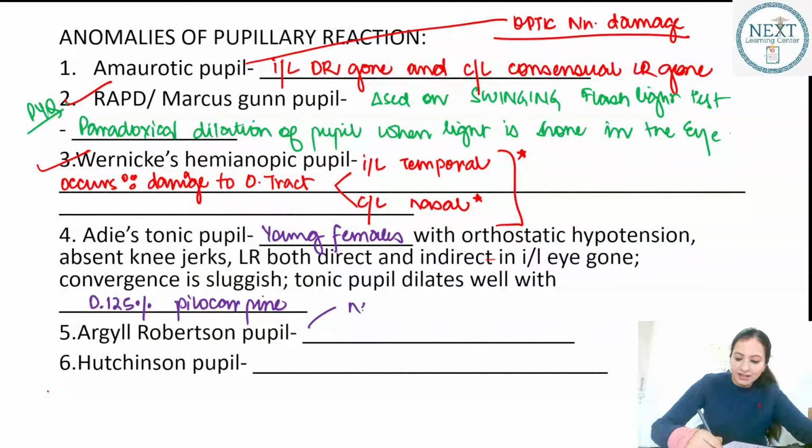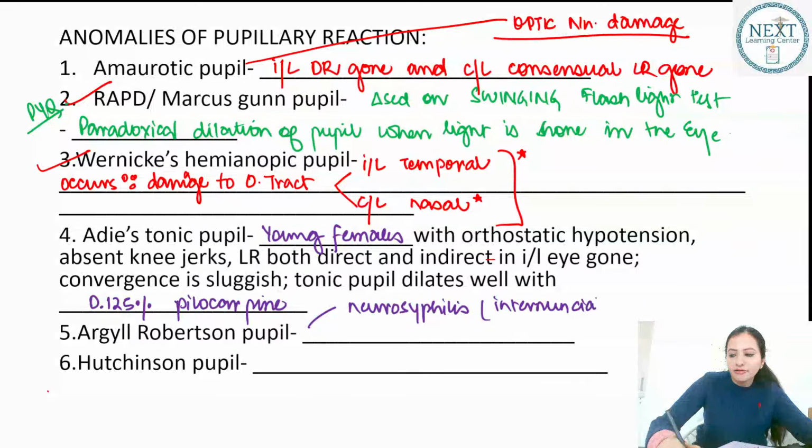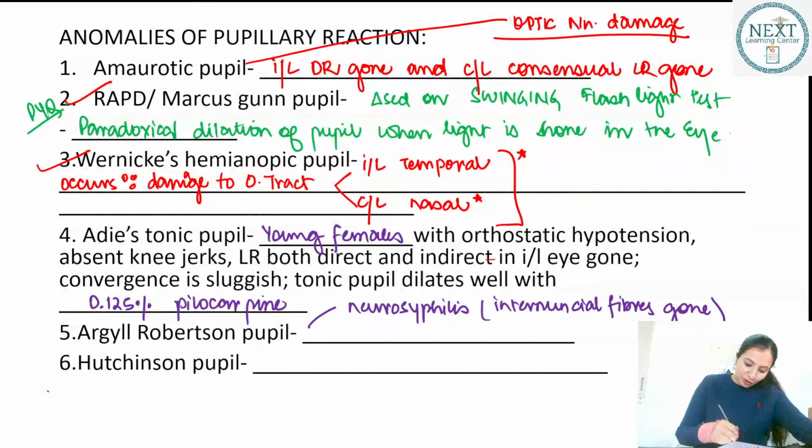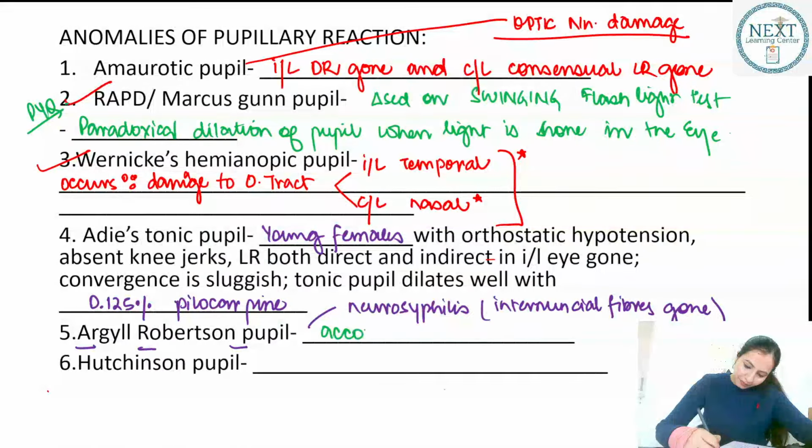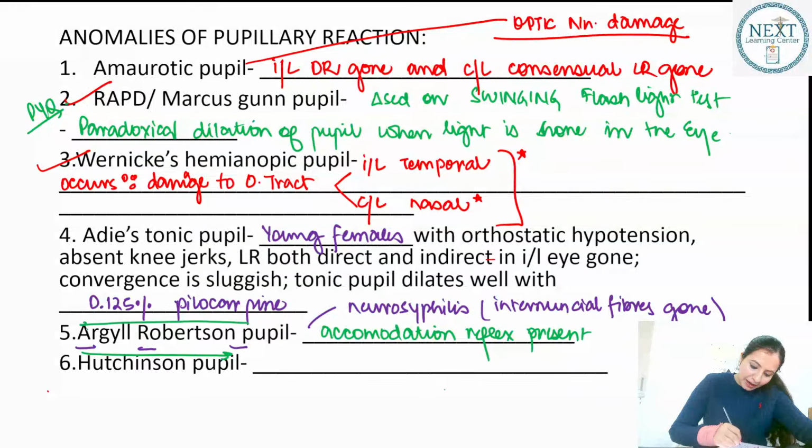Then you have Argyll-Robertson pupil. This is characteristically seen in patients of neurosyphilis. What happens in this? The internuncial fibers are gone. So ARP stands for accommodation reflex present, but if we reverse it, PRA, pupillary reflex absent.